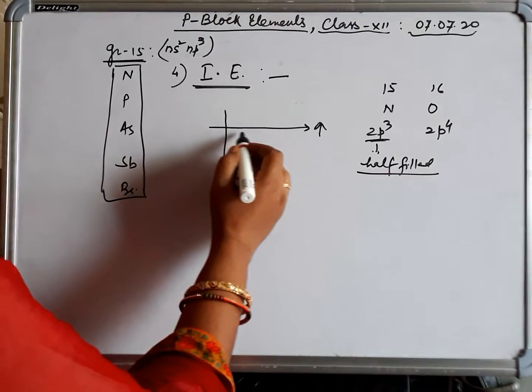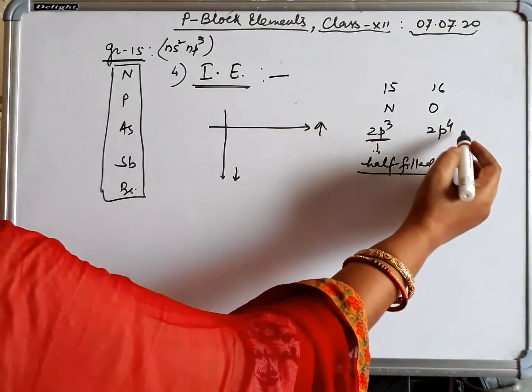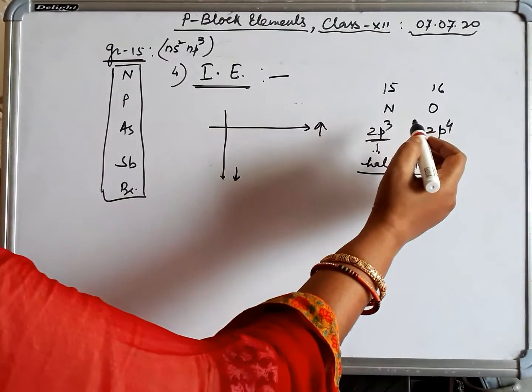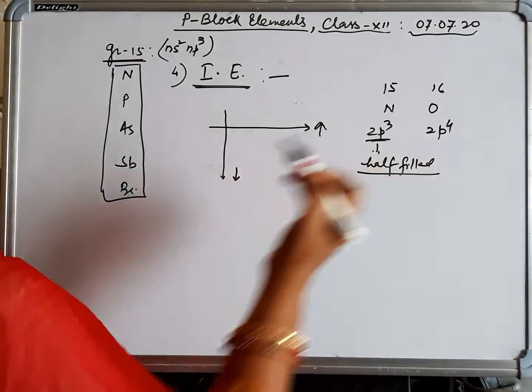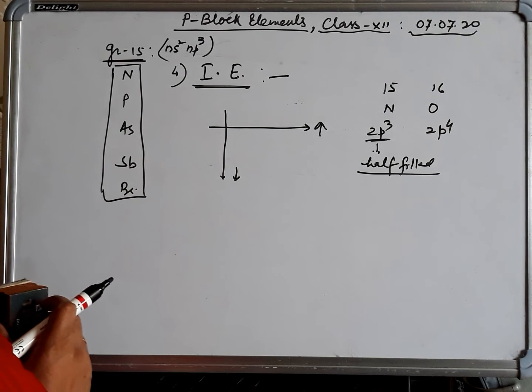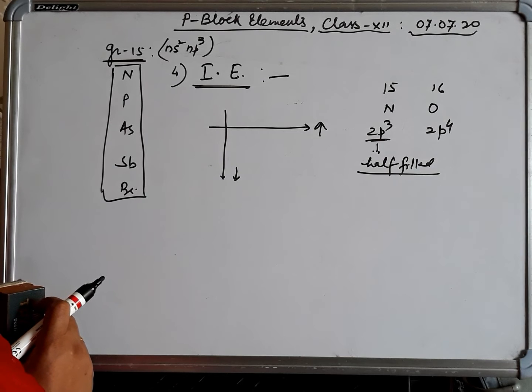When we move left to right in a period, ionization enthalpy increases, so group 16 should have much higher ionization enthalpy than group 15. But it is not so, because group 15 has a half-filled stable configuration, so more energy is required to remove an electron in comparison to group 16.